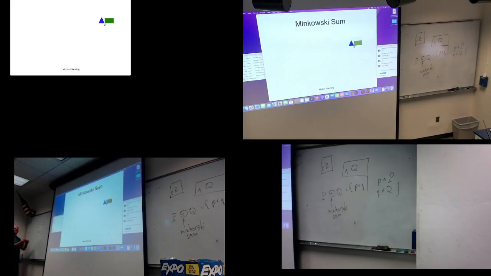So I need to say where is the origin of the axis, because I'm looking at points like vectors when I sum them, but it doesn't matter very much where I place the origin. Let's decide that the origin is right here, and that's also the corner of P, and here is Q. I take this point, which is 0, 0, and place it right here, and that will create this point.